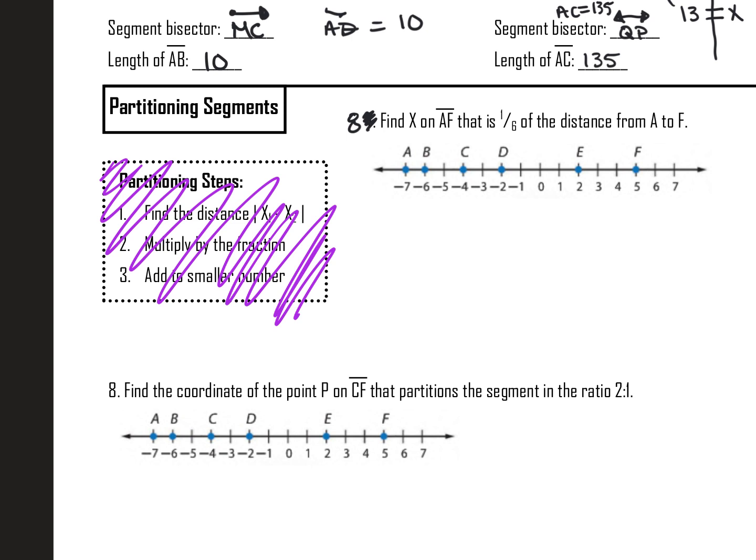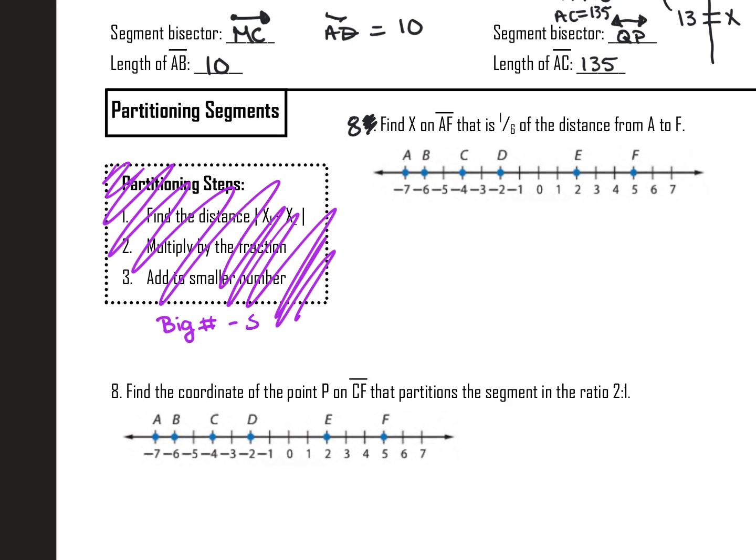So how I remind my kids to do partitioning is to always do the big number minus the small number. Now we're going to multiply by fraction.